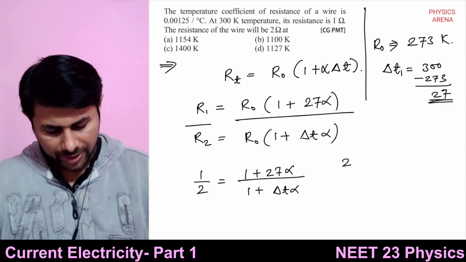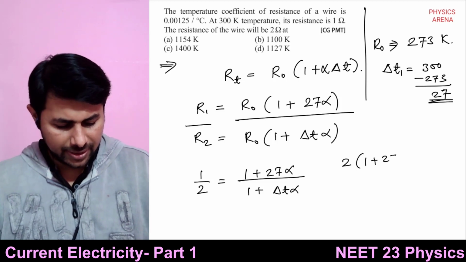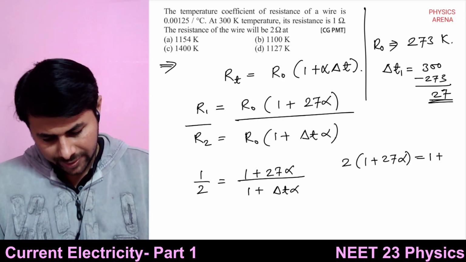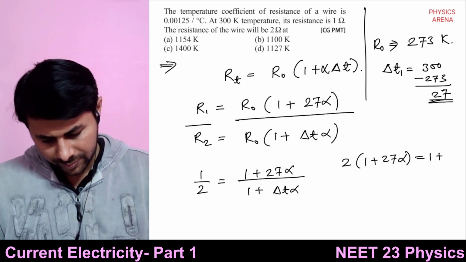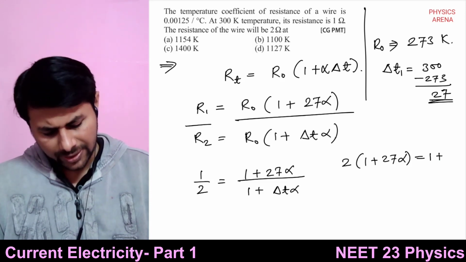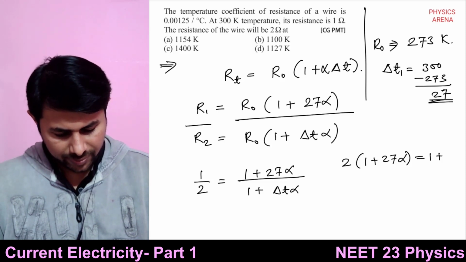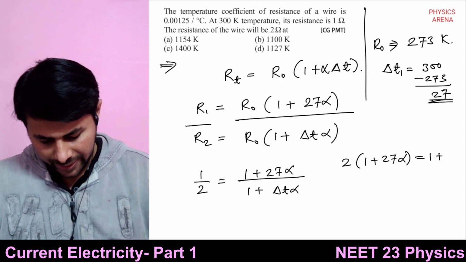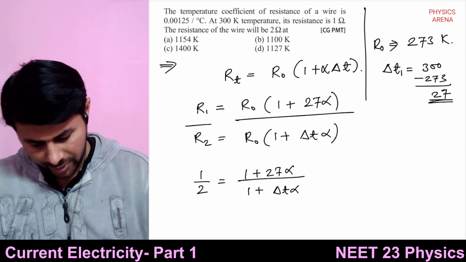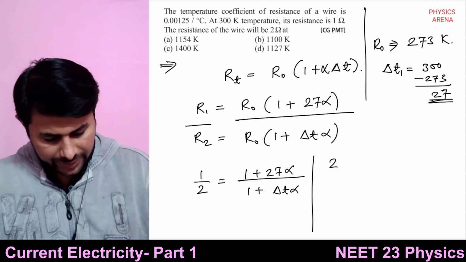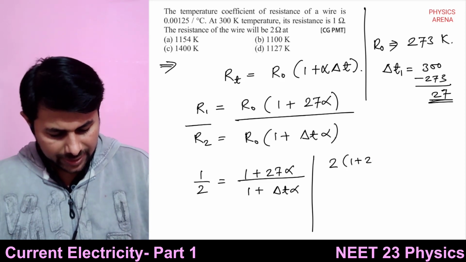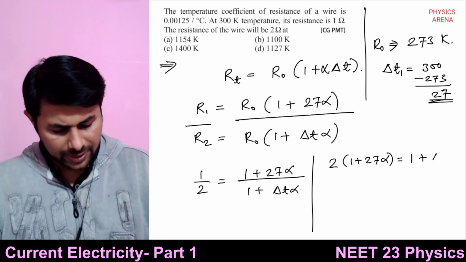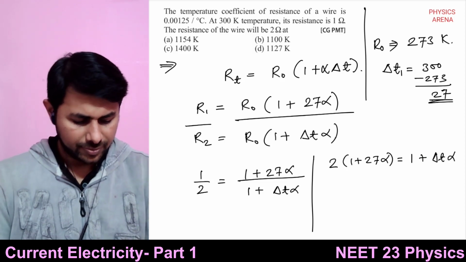So that is 2 multiplied by 1 plus 27 alpha is equal to 1 plus delta T times alpha. Alpha is also given. So we can put that.